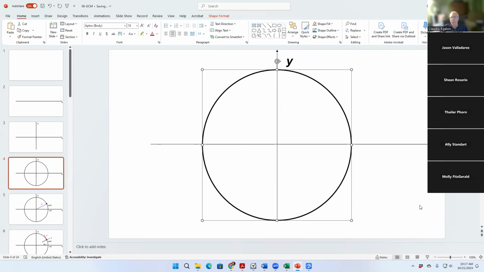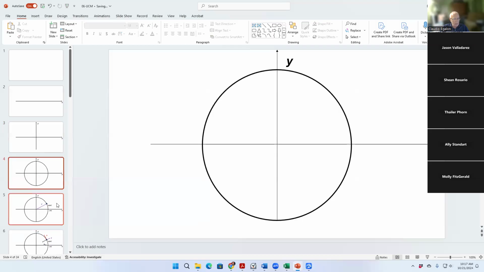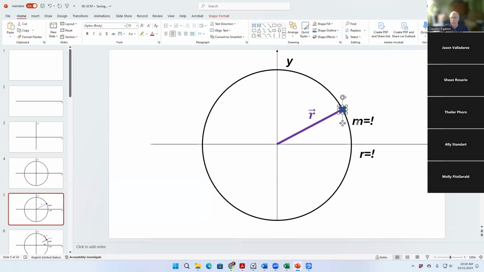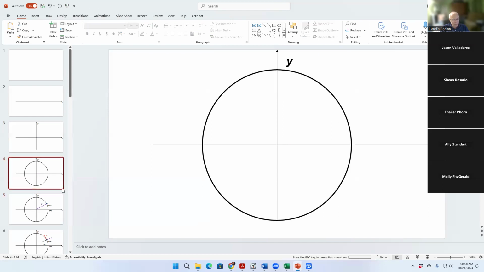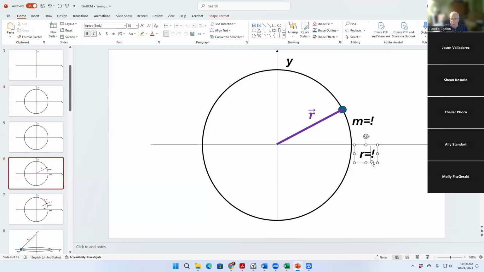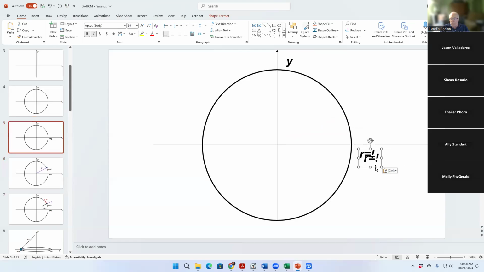In our next step, by the way, this circle is a circle of radius lowercase r. At this position here, x is equal to r and y is equal to 0. At this other position here, y is equal to r and x is equal to 0.